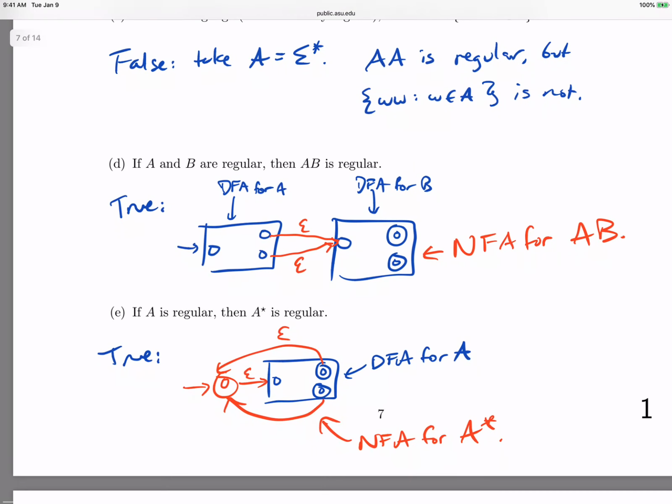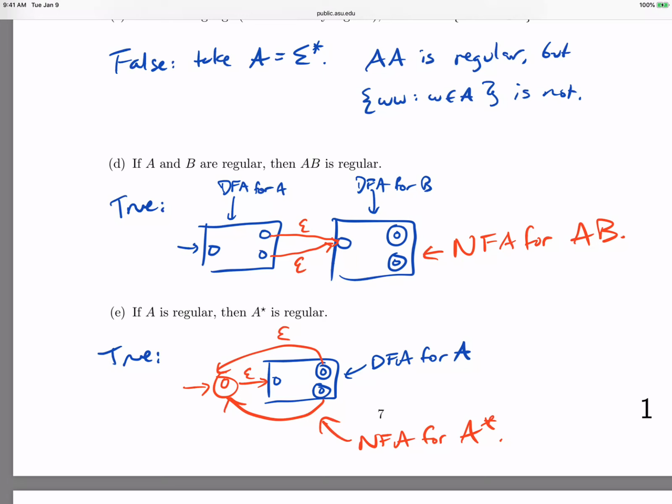Okay, D and E I'm going to do at the same time. The vast majority of people got like 1 point on this question. So what is this question really saying? It says, are the regular languages closed under concatenation? And then E is, are they closed under star? If you write regular languages are closed under concatenation, this is true because regular languages are closed under concatenation, that's a circular argument.